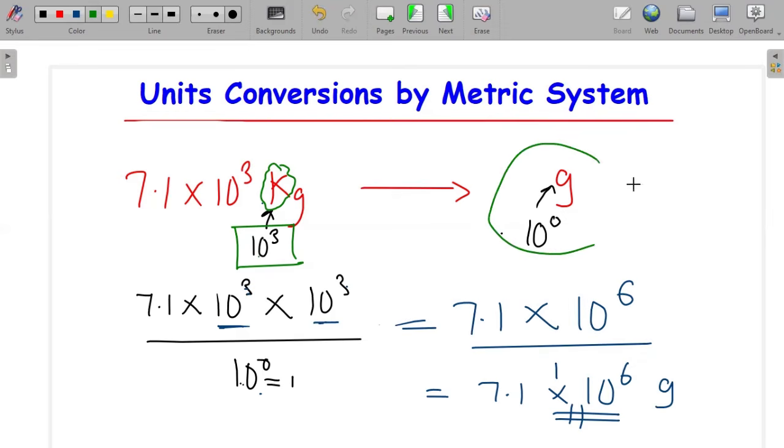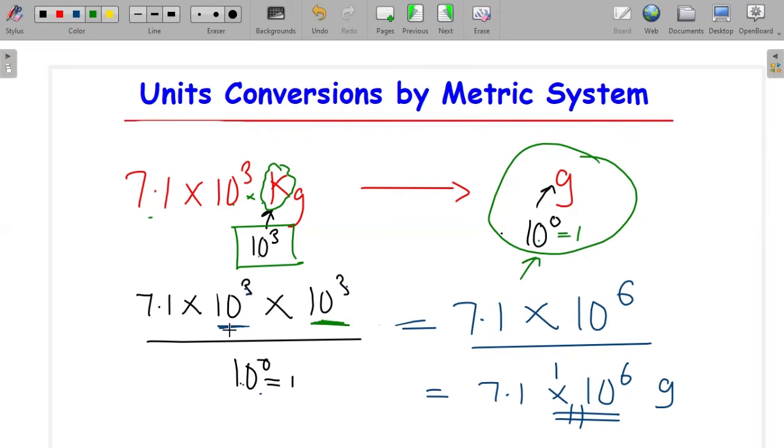And when I go to this side, I can't see any prefix in front of these grams, so the prefix value there will just be 10 to the power 0, which is the same as 1. Now I'll start my conversion by saying 7.1 times 10 to the power 3, which is the value of k, and then divide by the value of where I'm going, which is 10 to the power 0, which gave me 1 there.